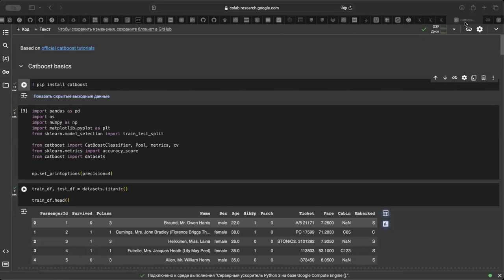So how is this called? Oh, it's entropy. Yeah, this is entropy, and entropy criterion. And also there is a Gini criterion, which is very similar.